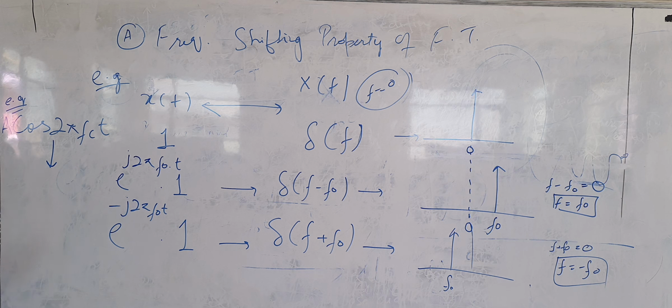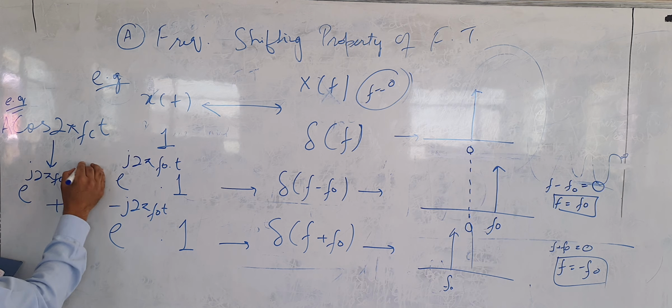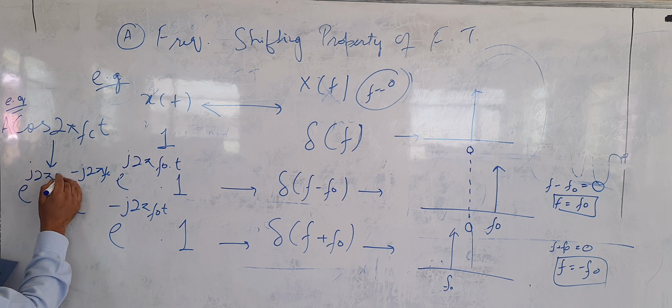I can represent this cos signal in terms of exponents. That is e raised to j theta, but theta happens to be 2 pi fc t, plus e raised to minus j 2 pi fc t.